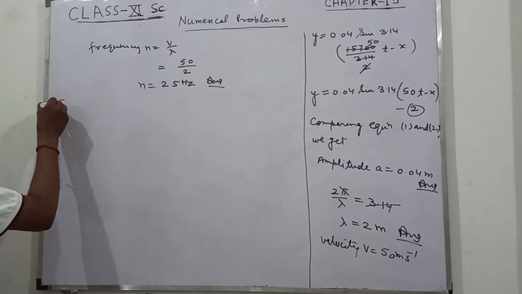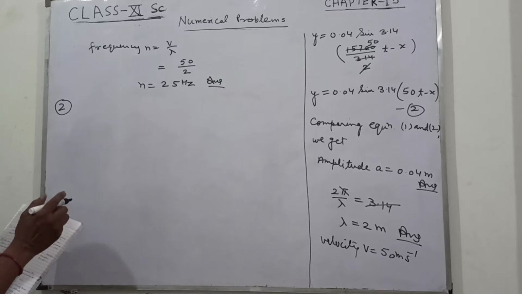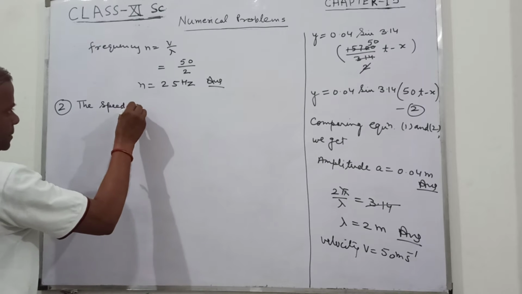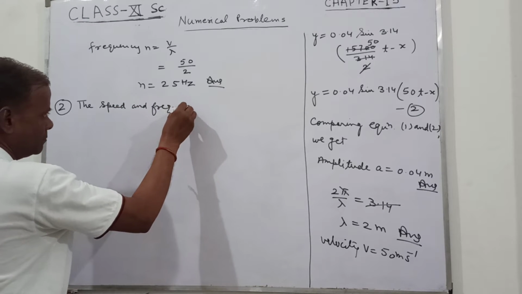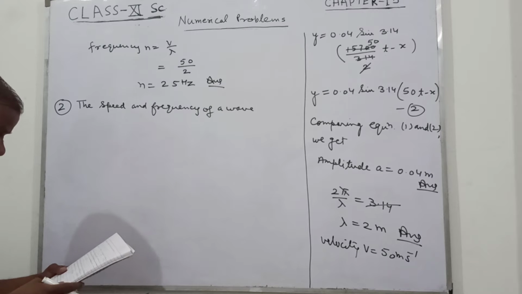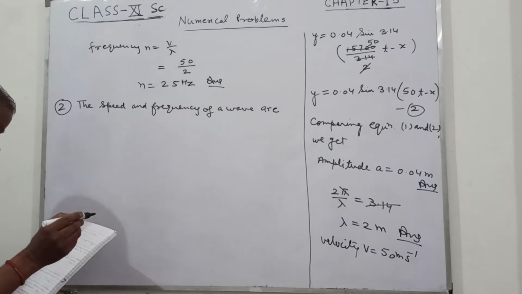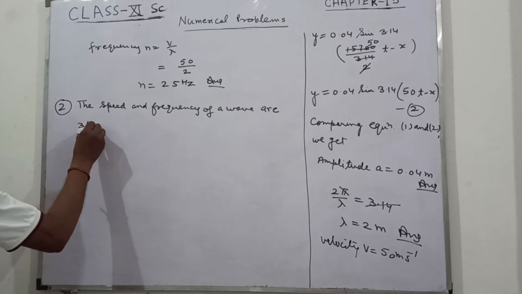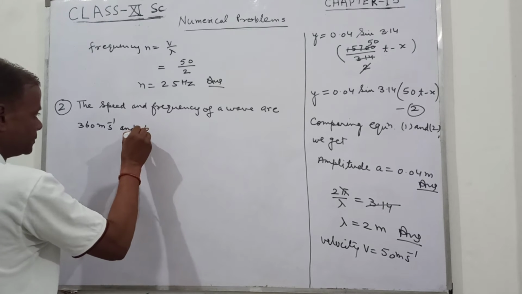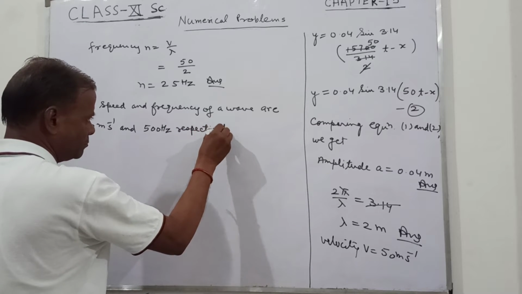Now the second question. The speed and frequency of a wave are 360 meter per second and 500 hertz respectively.